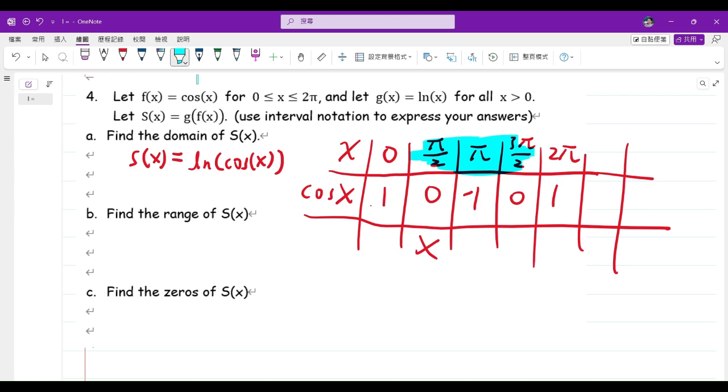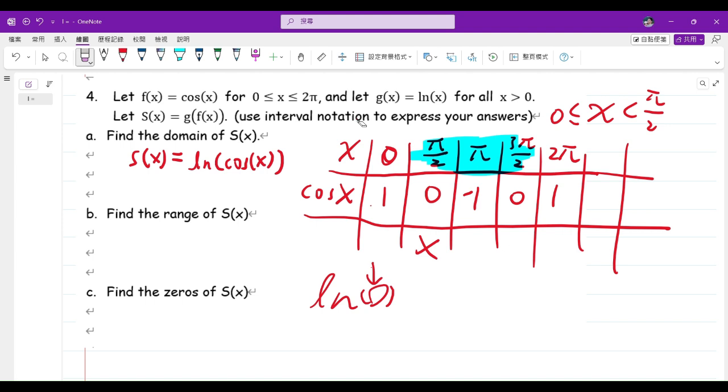Do you know what I mean? When x is between 0 and pi over 2, not including pi over 2, when x is less than pi over 2 but greater than or equal to 0, your cosine x is a positive number. That is okay, because you can put any positive number here.